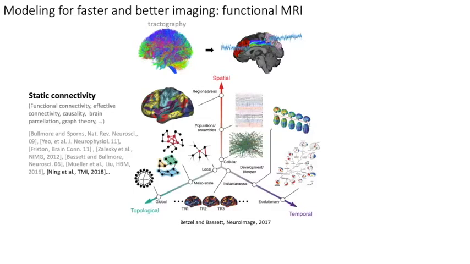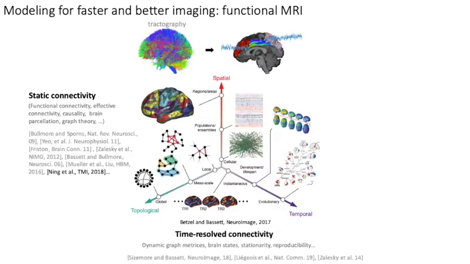But if we increase the temporal resolution, suppose we have a long scan and want to analyze time-dependent connectivity over time, or investigate scan-to-scan variability, that comes to time-resolved connectivity. People have developed different measures to quantify the variability over the scan as a feature for studying brain networks.